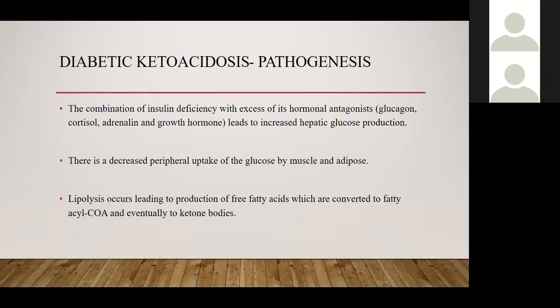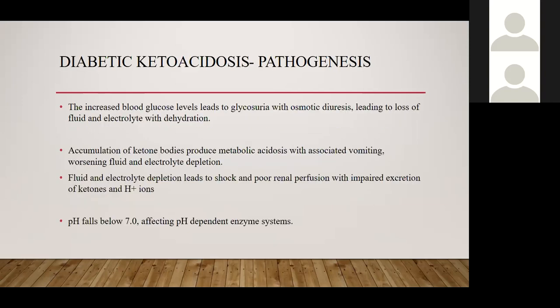And the body will hence go to break down the fatty acids and glycerol just to make energy, and in so doing, will lead to the production of ketone bodies. And once you have these ketone bodies being produced, that is when you start developing what you call diabetic ketoacidosis.